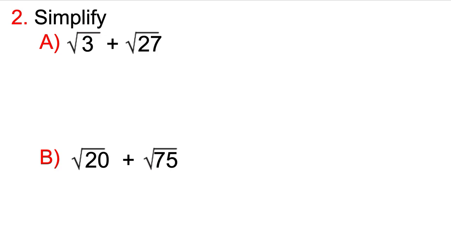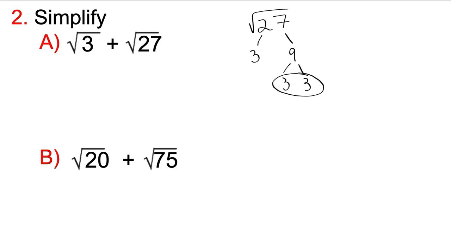So we have to think about what we can do in order to get them to match. Well, if we got the 27 here, the one thing we can do with that is break it down. So break the 27 into a 3 and a 9, and that 9 breaks into a 3 and a 3, and then we simplify that. Since it's a square root that's implied there, we're looking for a group of 2.